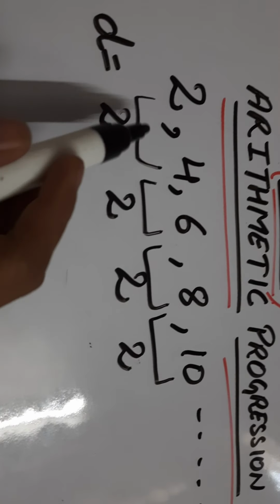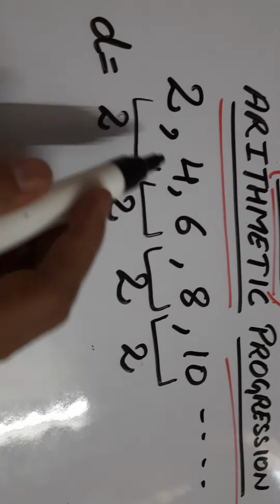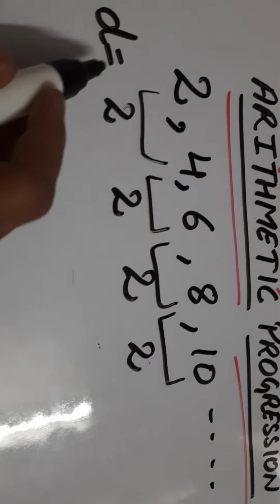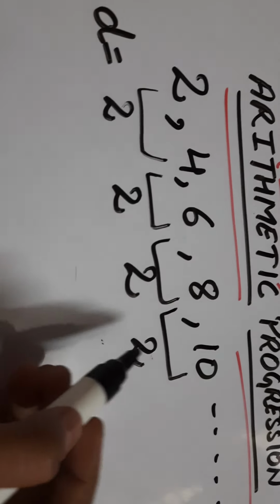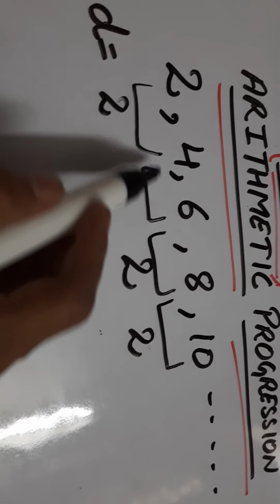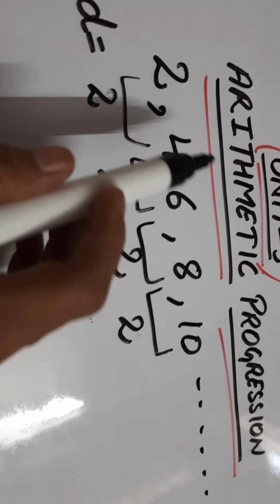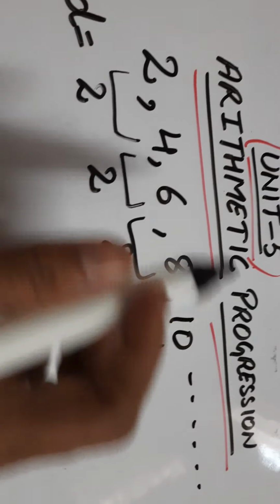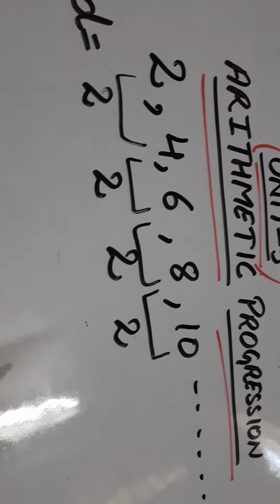So if any series of numbers has this constant difference, then we call that series of numbers an arithmetic progression or AP series.